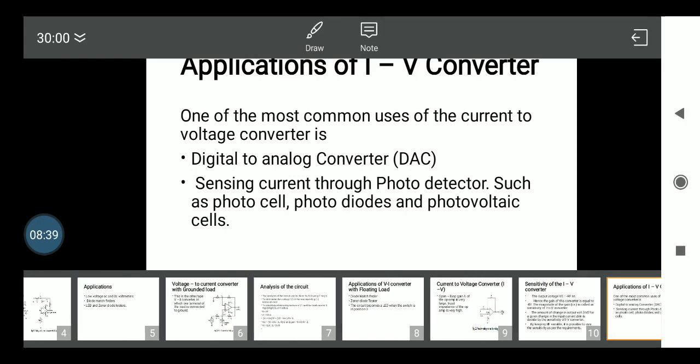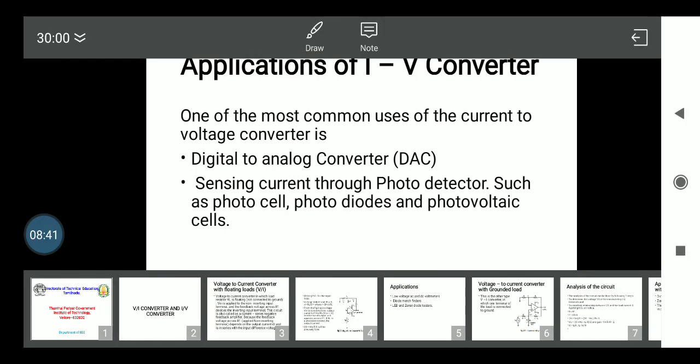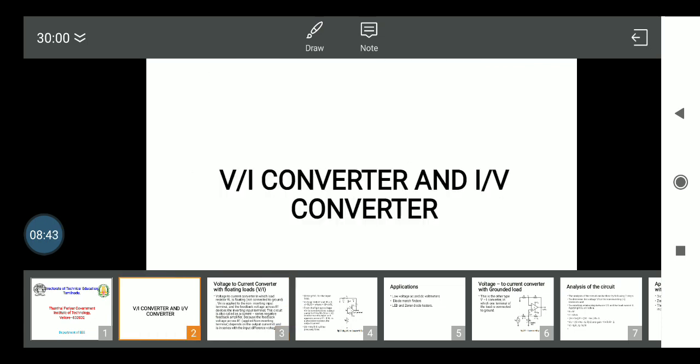Before going into this, let us have a recap. For many purposes, one may have to convert a voltage to a current signal and the other way around, a current to a voltage signal. For this, we may have to produce a floating load.